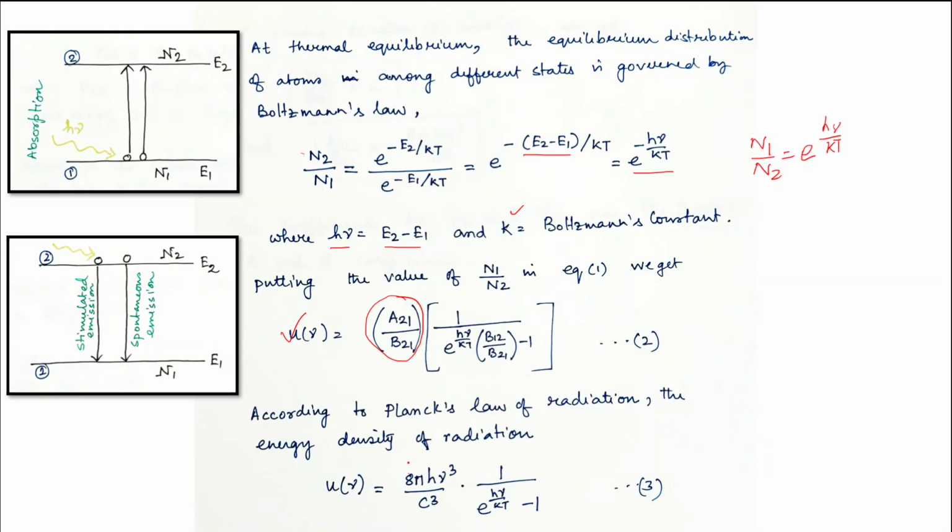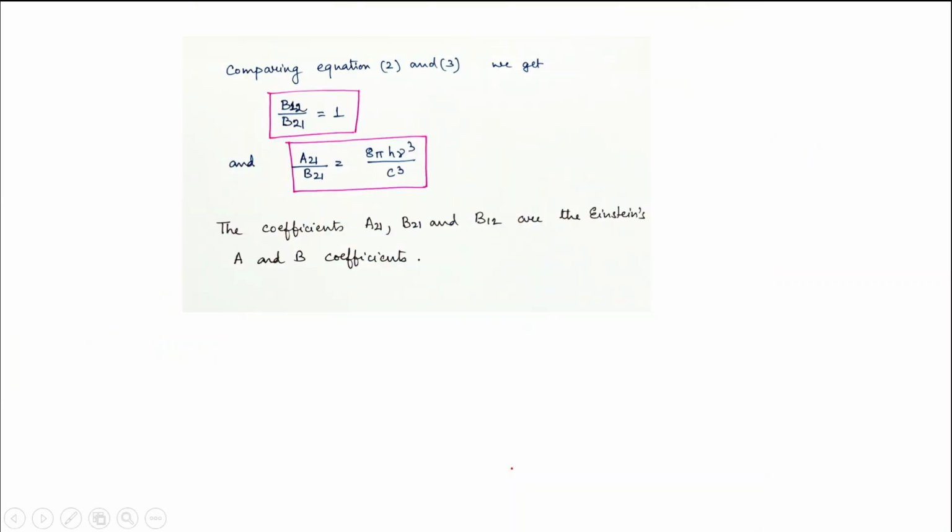If we compare this, we are getting this as equal to 8 pi h nu cube by c cube, and the value of B12 by B21 will be equal to 1. So comparing equation 2 and equation 3, we get B12 by B21 as 1 and A21 by B21 as 8 pi h nu cube by c cube.